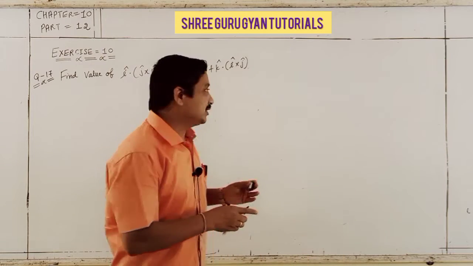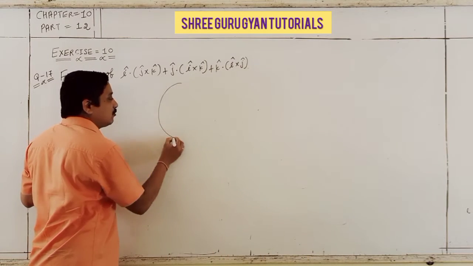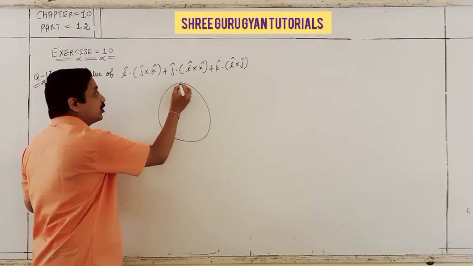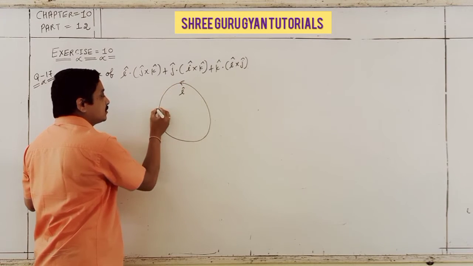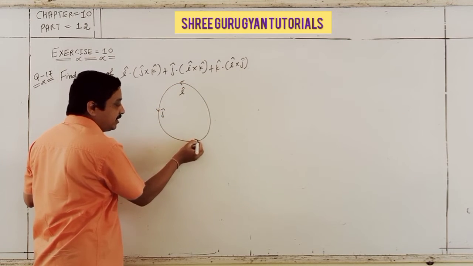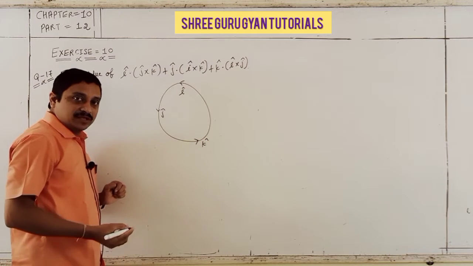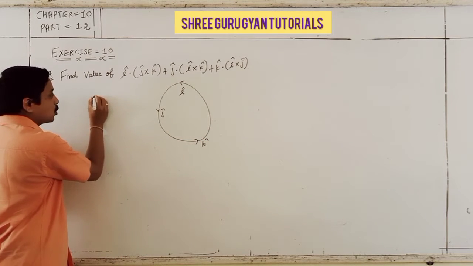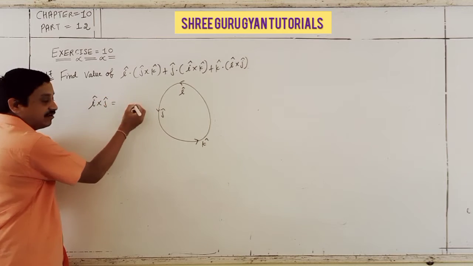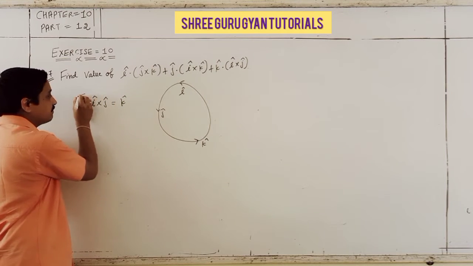Students, I think you know that it is an anti-clockwise rotation for i, j and k. Yes, i cross j, definitely it will be k.